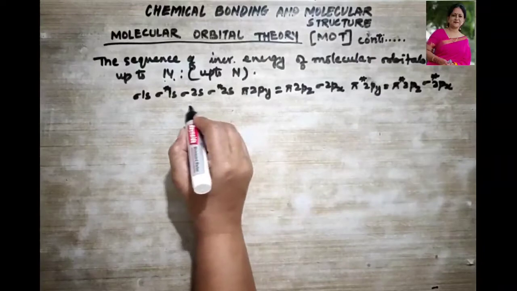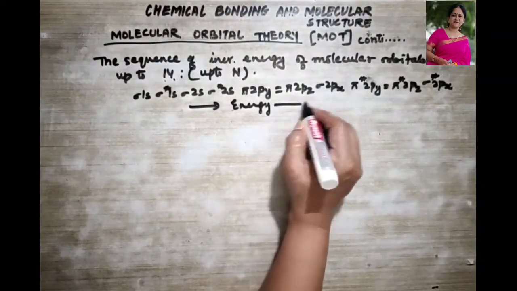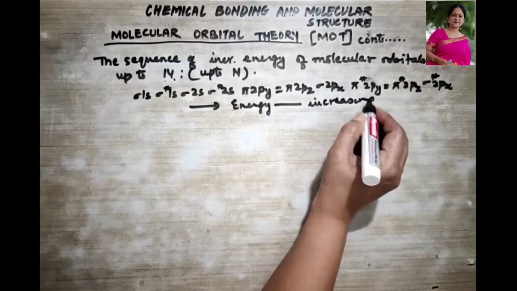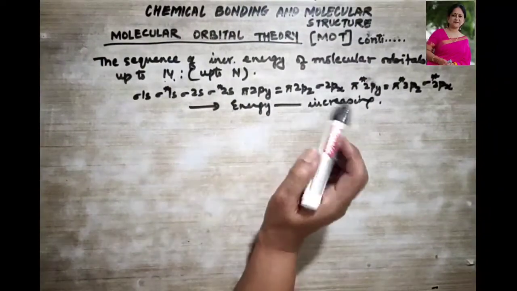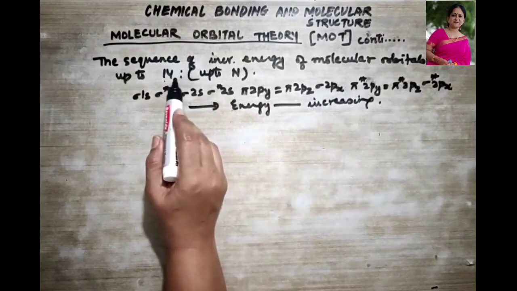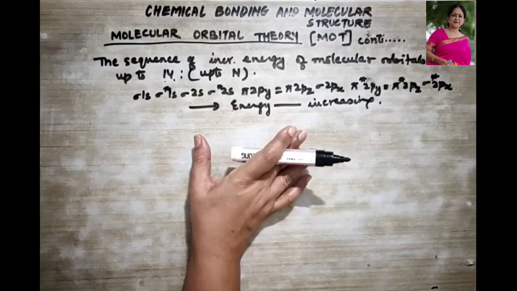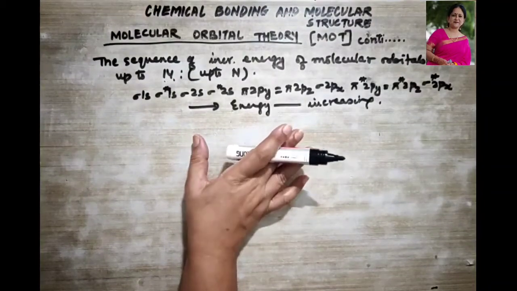So this is how the energy is increasing. So this is the sequence of the increasing energy of the molecular orbitals up to 14, right? So how can we show this? Let me show it to you through the molecular orbital diagram.